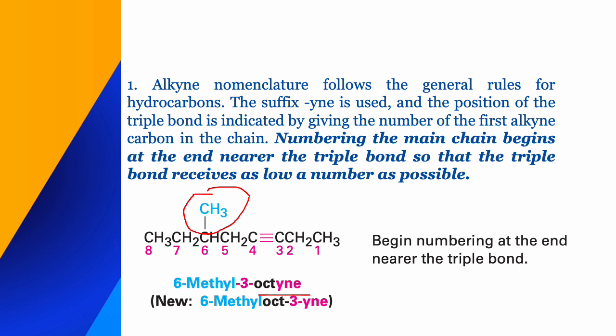But if we are going to use the new system of naming organic compounds, the locator of the triple bond must be put between the indicators, between the oct and the a, then 3-yne. Okay, so this shall be 6-methyloct-3-yne.